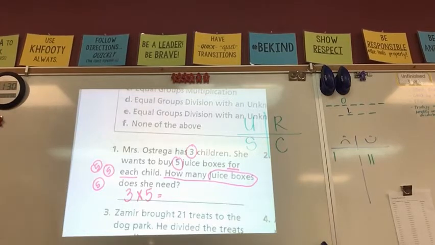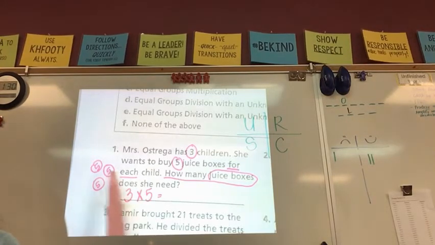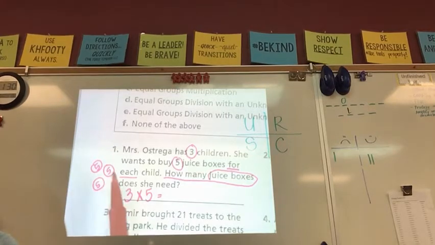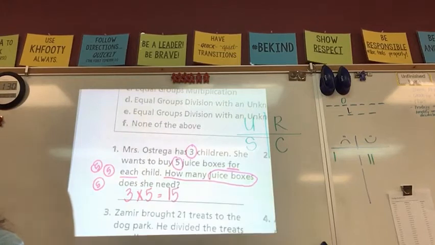I could also count by 5s 3 times. I could also count by 3s 5 times. I could also count up 5 plus 5 plus 5. Do I have some options here? Yes. Absolutely. Do what works best for your brain. I like counting by 5 because it goes fast, so I just go 5, 10, 15, and I put my answer and double check my label.